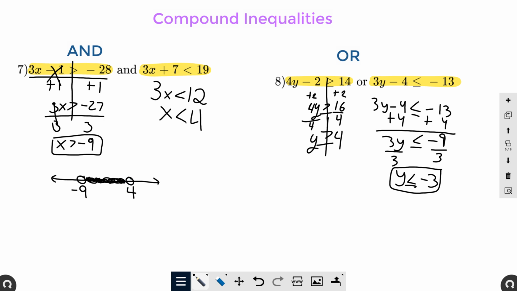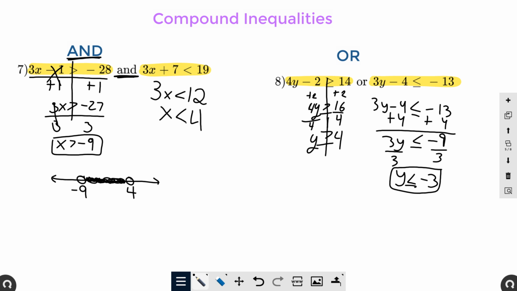They connect. They overlap. This is what and problems do. Your typical problems that have and in the middle are going to shade into each other and shade between those two numbers. So you have this and this at the same time. That is true.